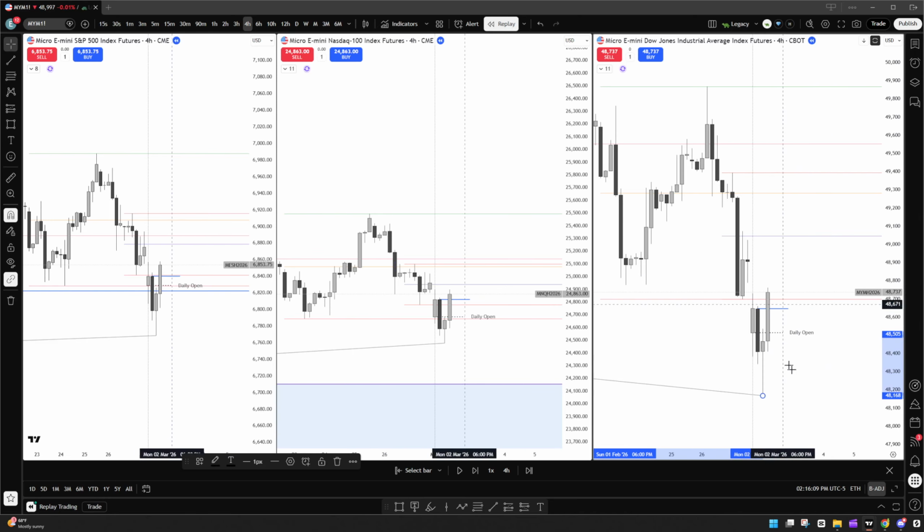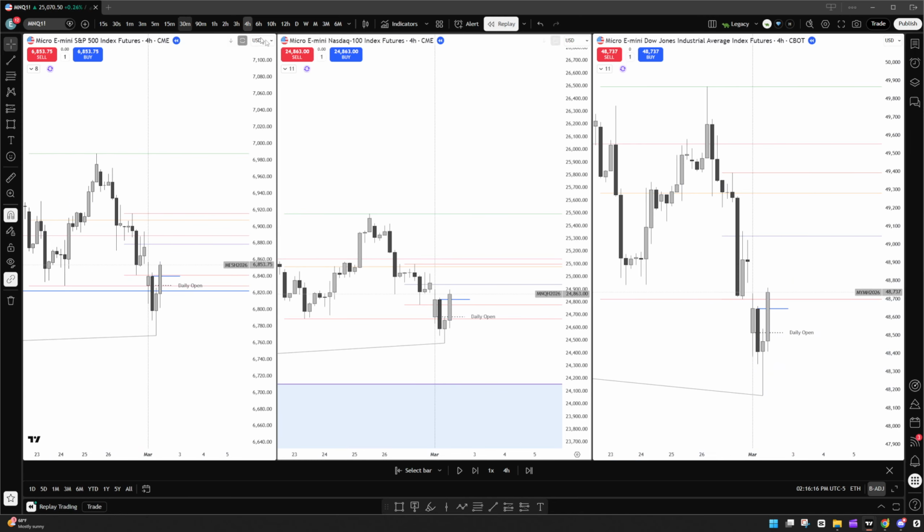So this is low of day, and now we're looking for retracement for expansion. If a reversal has been put in prior to the driver, it's driver continuation. If it hasn't been put in prior to the driver, then it's driver reversal. It's one or the other.